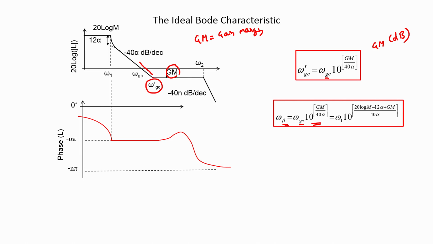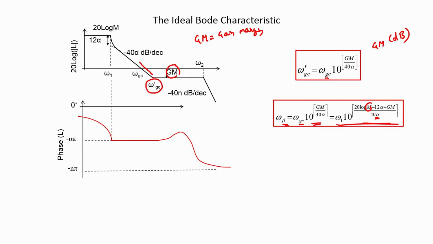Noting that omega gc can be expressed in terms of omega 1 and the performance m that has been expected of us along with the stability specification alpha, we note that omega beta is related to omega 1, m and alpha according to the expression on the slide.